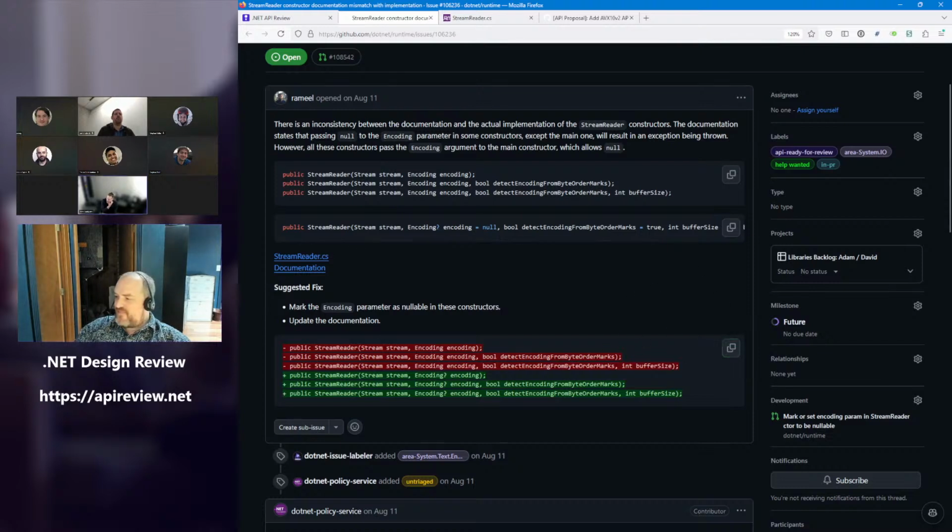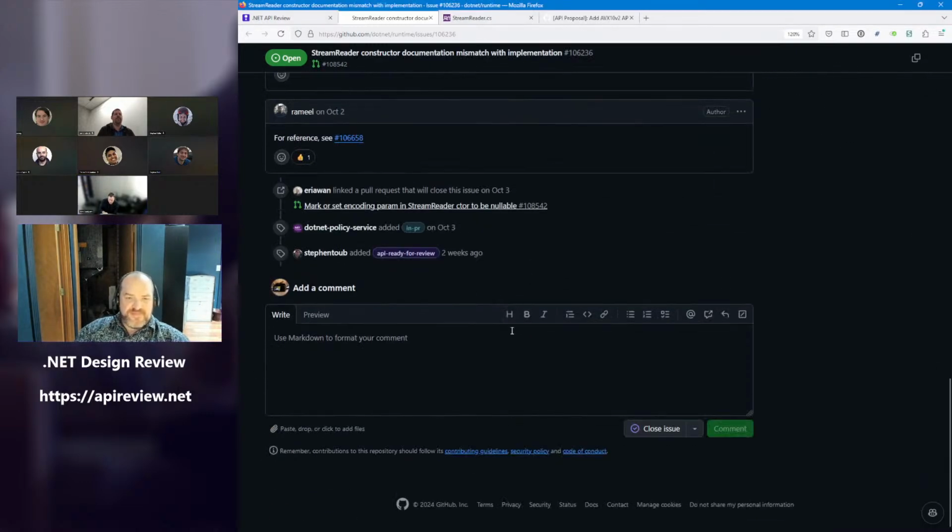Yeah, reading is hard. And then if you're targeting .NET Standard, God help you, because it could throw or it could get UTF-8. Hooray!